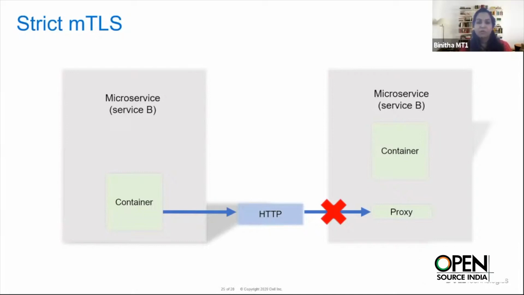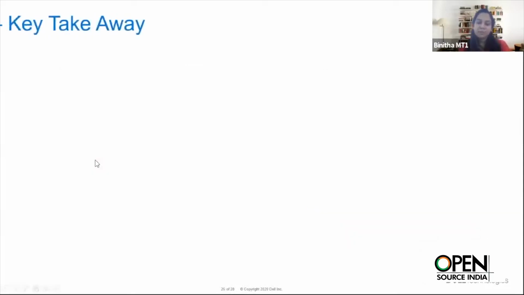You'll just get a response saying this is not a valid request, or the user is not validated. So strict mTLS is very good when you are running in a high security environment and you want to look after your traffic and the requests. Otherwise, permissive does the job, especially when you're migrating to an Istio architecture.